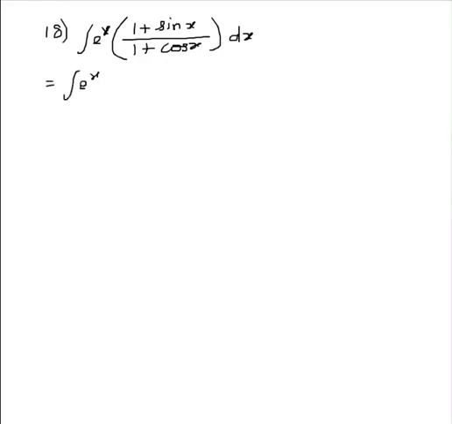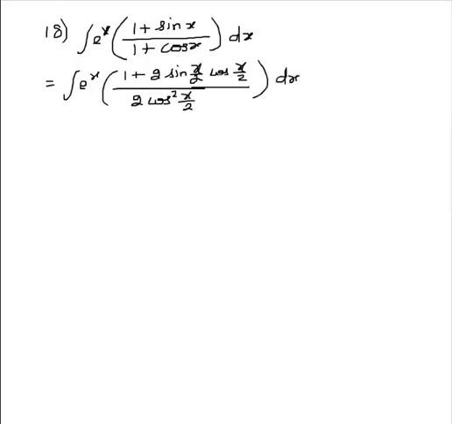I have told you, if you have e power x and a bigger expression, try to separate the terms as f of x plus f dashed of x. 1 plus cos x is 2 cos square x by 2. 1 plus sin x can be written as 2 sin x by 2 cos x by 2, times dx.